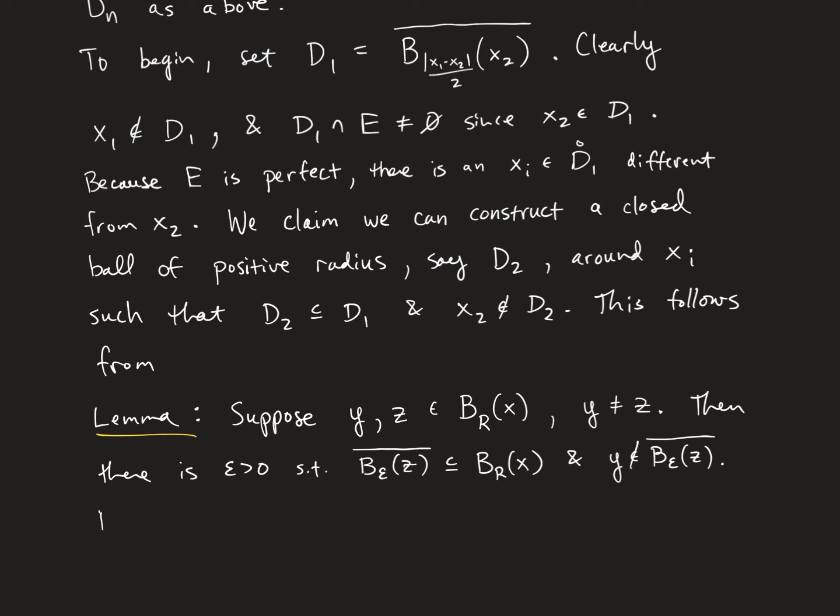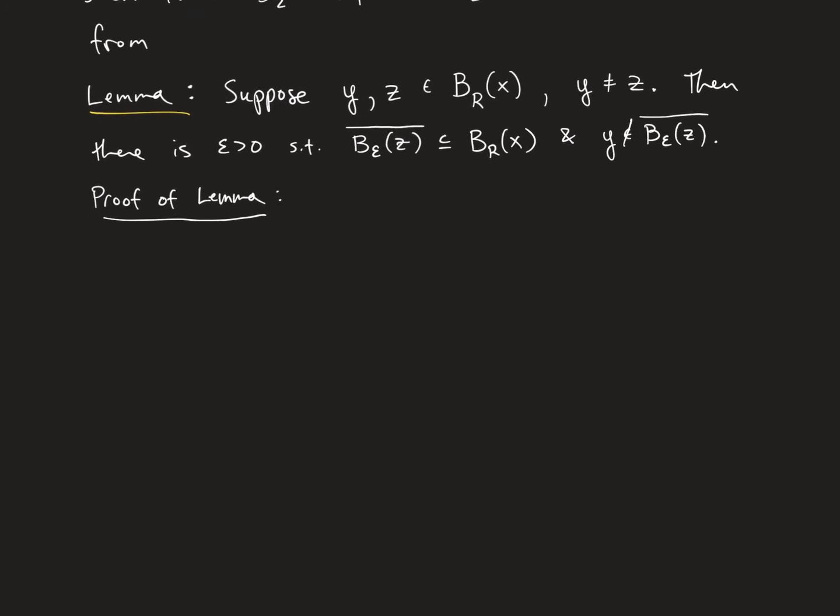Okay, so here's the proof of the lemma. It's pretty simple. We just draw a picture. So here's x. We have an open ball of radius r around x. We have y and z in the ball. And we just want to put a ball around z small enough so that it fits in this ball and avoids y.